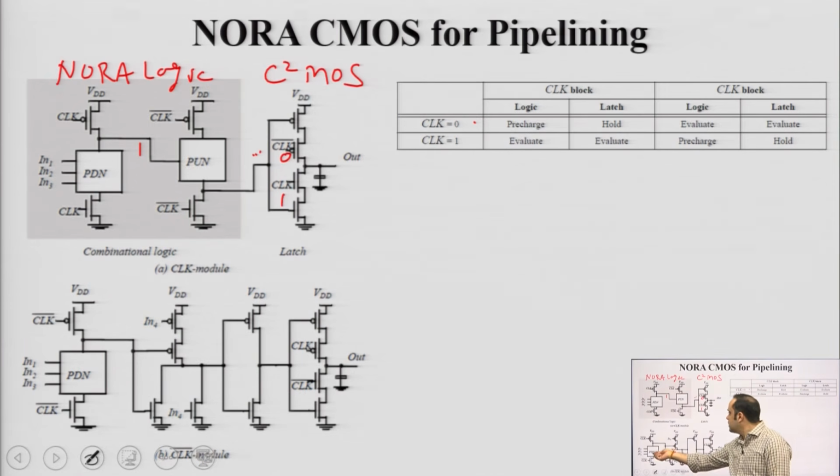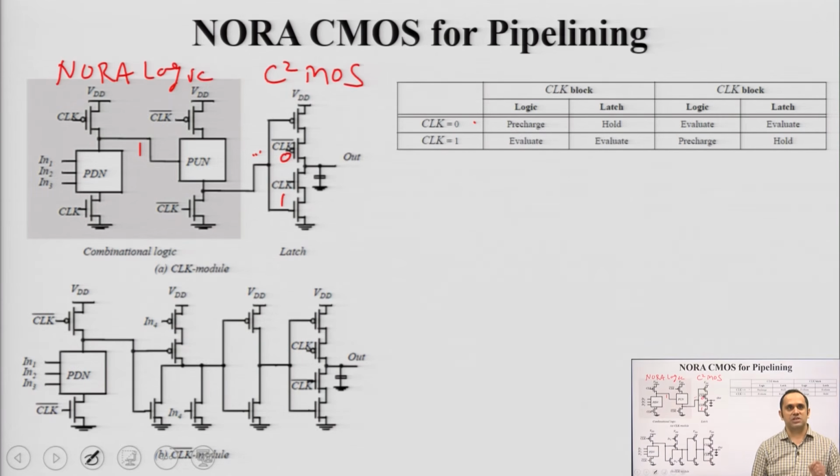This has your pull down network sent to another logic block, and then this is your latch circuit. So, combinational logic and latch circuit. That particular module which is evaluating when clock bar is 1 or when clock is equal to 0, is known as a CLK bar block.